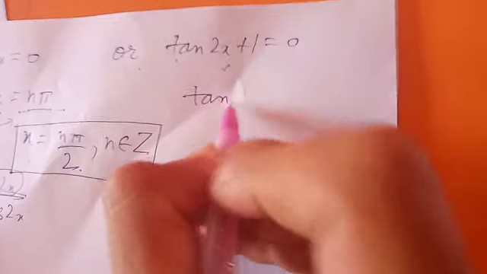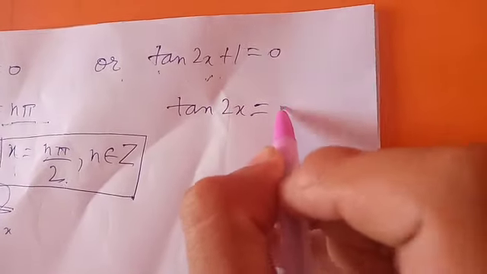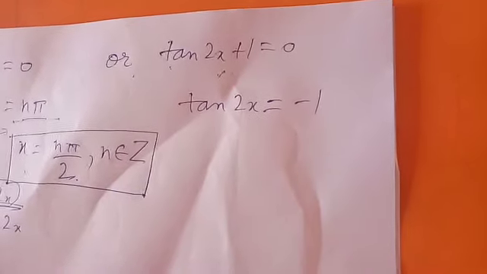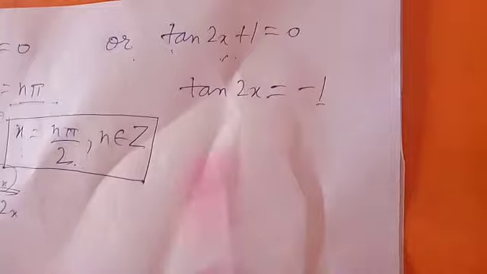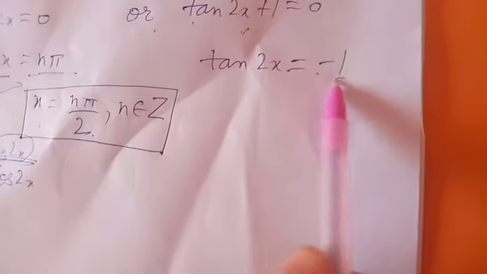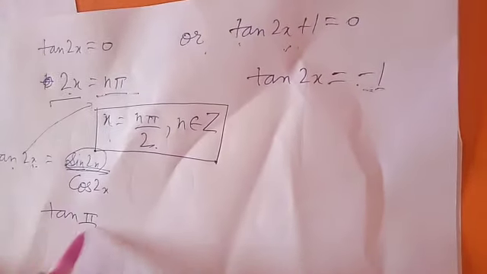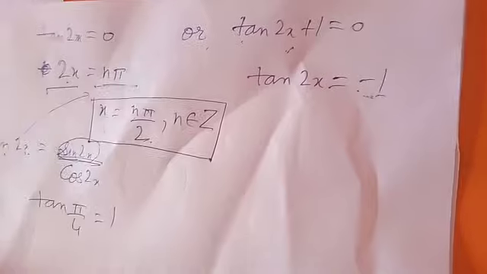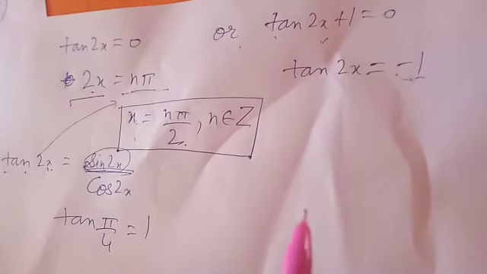So that is tangent 2x is equal to minus 1, and when our tangent is 1, we are not talking about the negative sign, only about 1. So that is tangent pi by 4. Pi by 4 means 45 degree. Tangent pi by 4 is 1, and it must be negative.